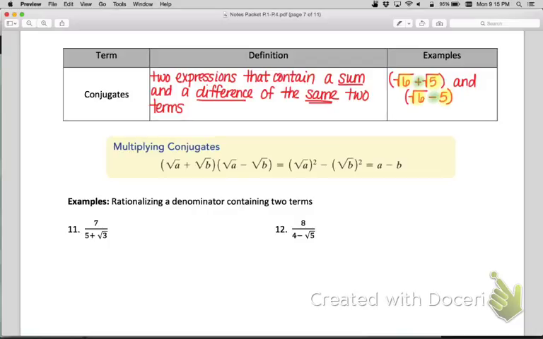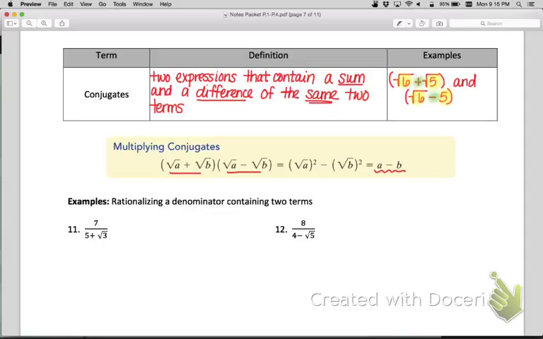When we multiply conjugates times each other, something kind of interesting happens. And if you look at the example down here that's in the box, you'll see if I multiply the square root of a plus the square root of b times the square root of a minus the square root of b, if I look at what I have left over, it's a rational value. I don't have any radicals left at that point. And so that's kind of how this works.